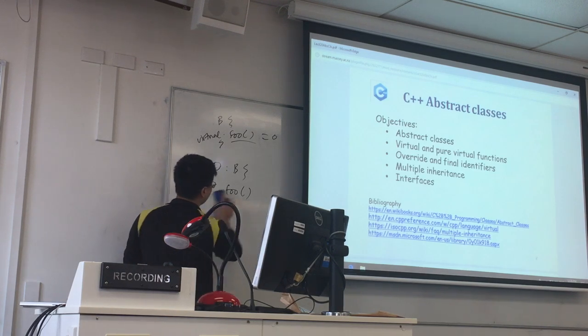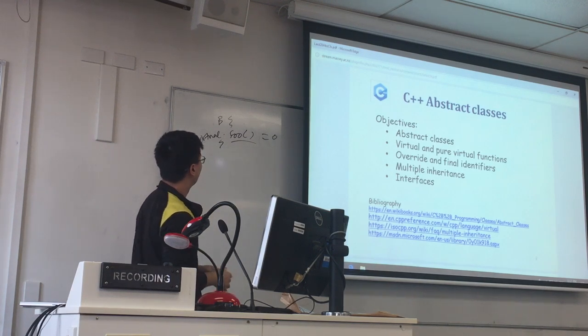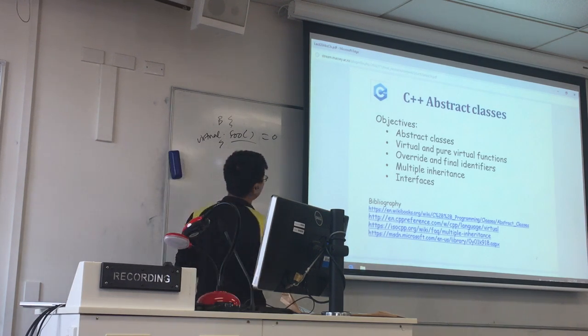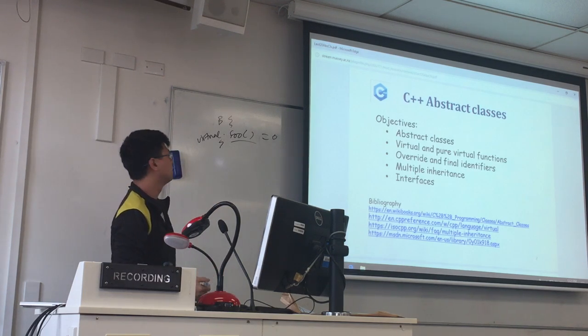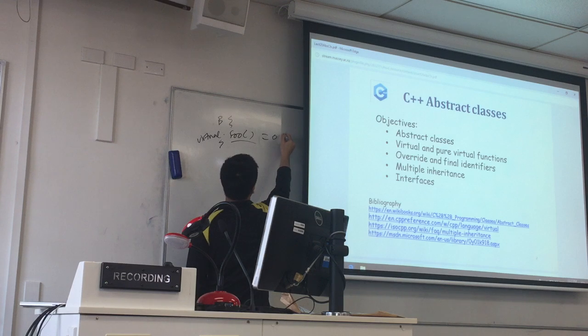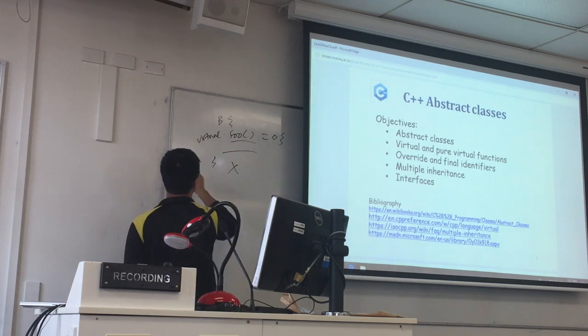All right, so what's the difference between a virtual function and a pure virtual function? A pure virtual function is just the declaration. There is no implementation. If you declare something to be 0 and to be pure, you cannot provide a body for it. It's invalid.